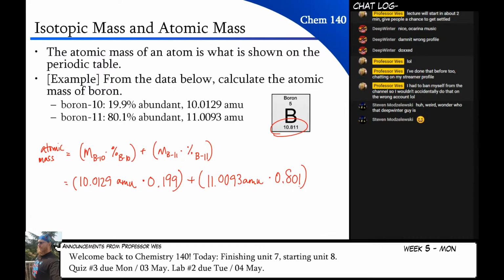The first operation is a product, so I'm going to multiply those together. And my answer should have 3 sig figs, because this number right here, 0.199, only has 3 sig figs. Then I'm going to do the next one, 11.0093 times 0.801. That result will also only have 3 sig figs.